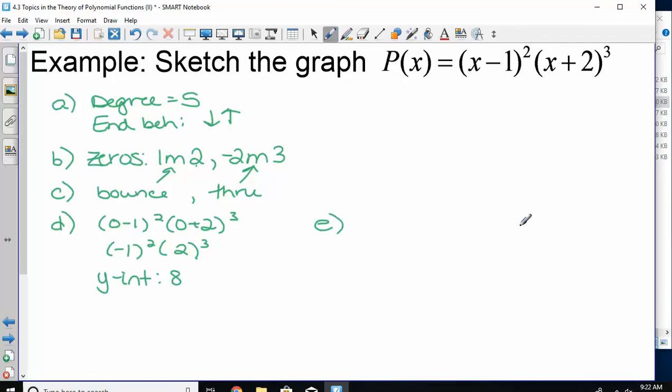Now we graph. So my end behavior should be down up. I hit the x-axis at -2 and +1. My y-axis at 8. I'm going to count by 2s.